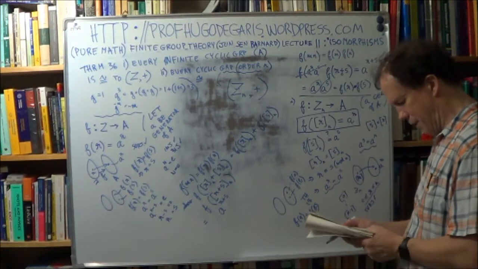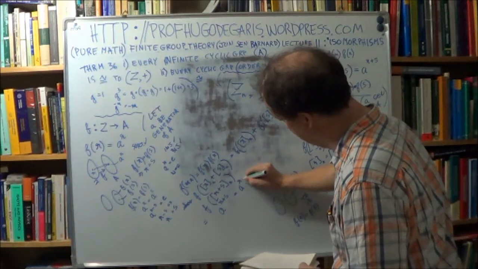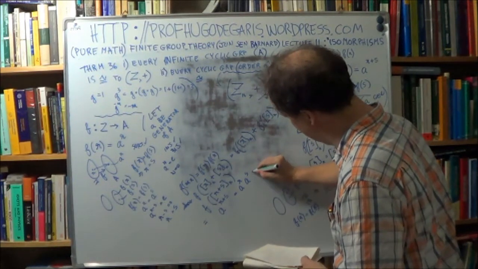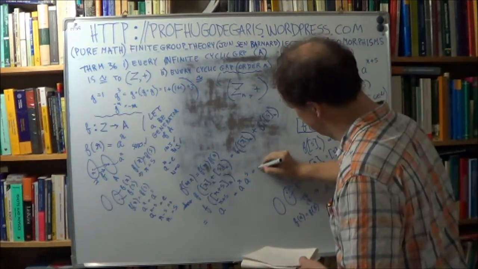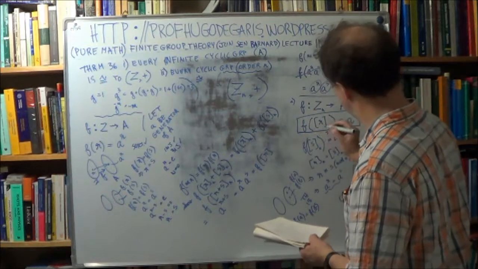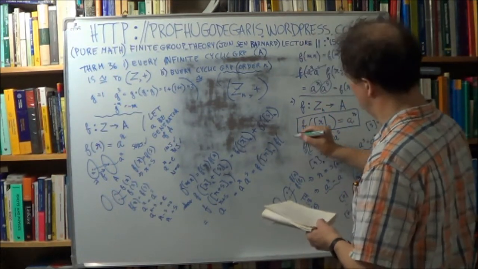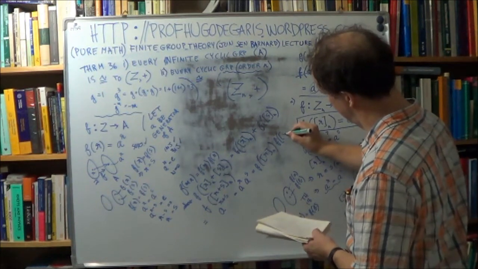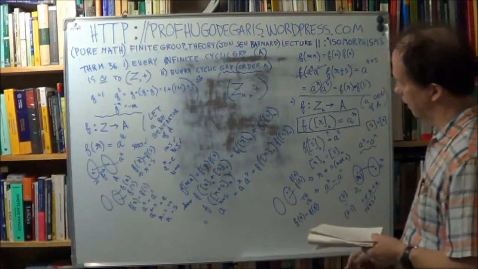Okay? But this, you can split this up, so that's just A to the R, A to the S. Right? But what is A to the R? Well, what's this? Right? So it's F of R and F of S mod n.